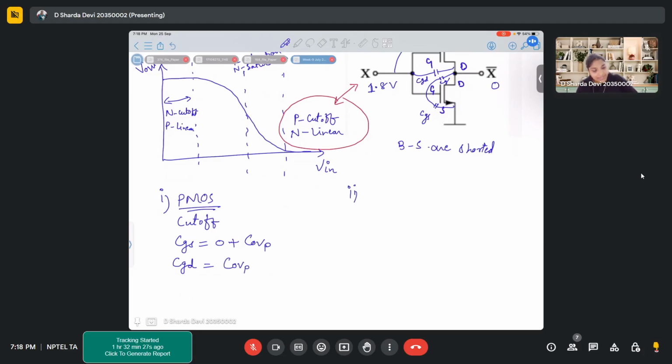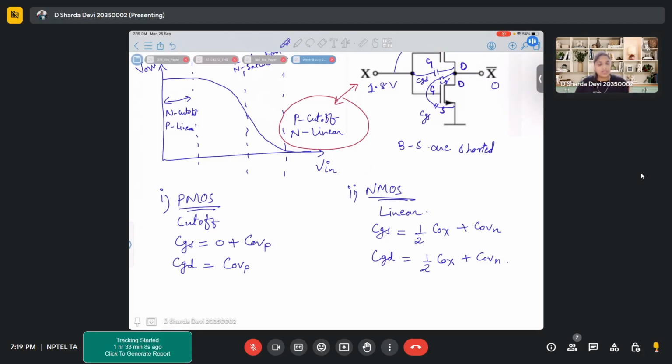Now second, when we write it for NMOS, which is in linear region, CGS, that is gate to source, is half of Cox plus overlap capacitance, and similarly CGD, that is gate and drain, will be half of Cox plus C overlap of N. So the capacitance because of the overlap will be there, and there is the capacitance because of your oxide.